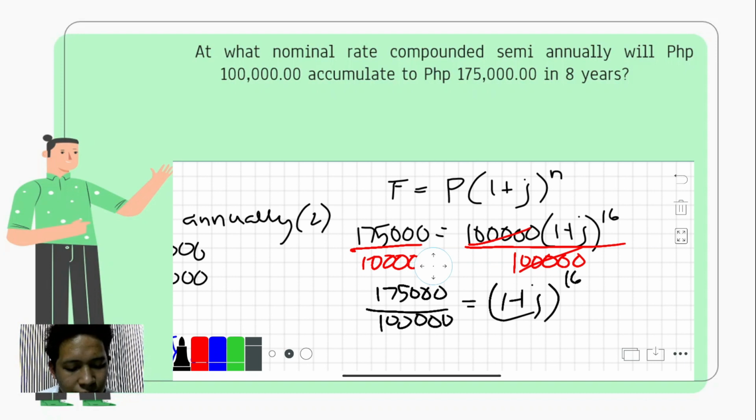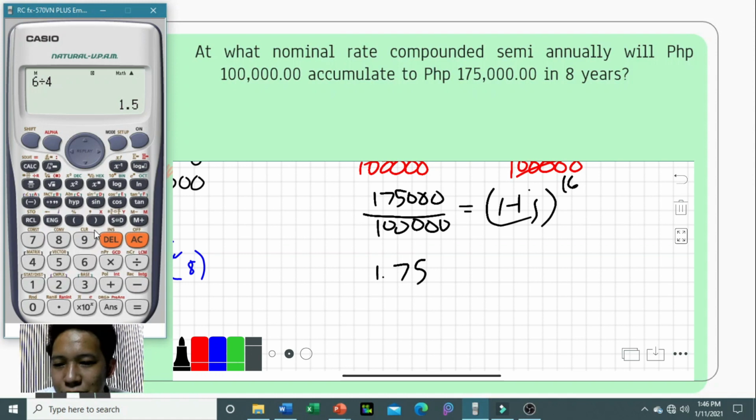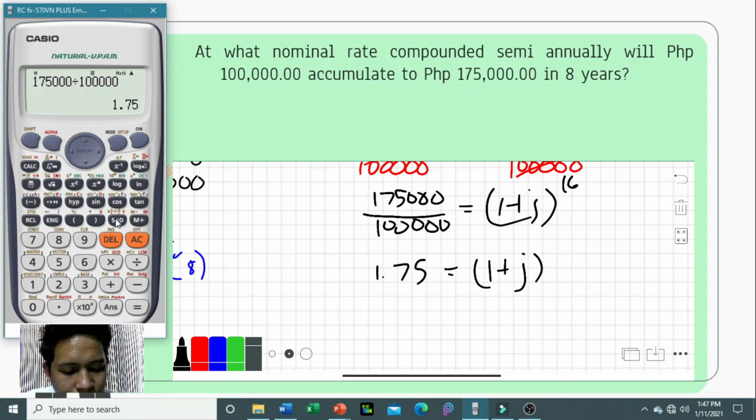Okay? And then we simplify this. 175,000 divided by 100,000, that is 1.75. Okay, so let us just double check it using our calculator. So that is 175,000 divided by 100,000, that is 1.75. Okay, so 1.75 equals 1 plus J raised to 16.